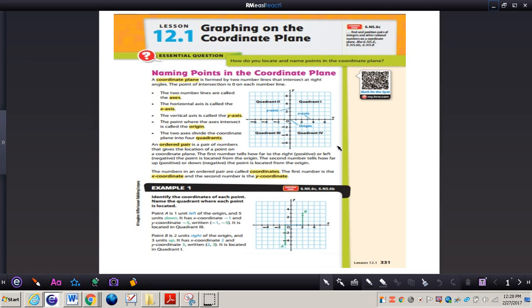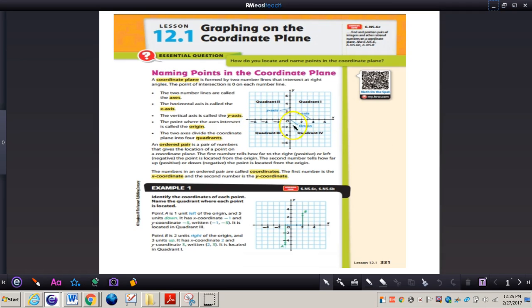Now let's take a look at what's called an ordered pair. And I understand this is something that you've learned before, but we'll just review it. An ordered pair is a pair of numbers that gives a location of a point on a coordinate plane. So a point which is right here on our coordinate plane. The first number tells how far to the right, positive, or left, negative, the point is located from the origin.